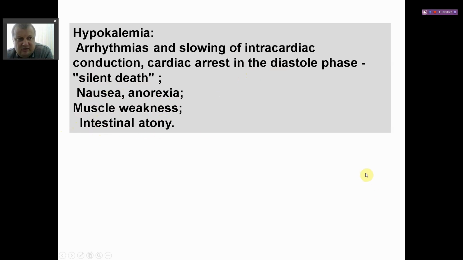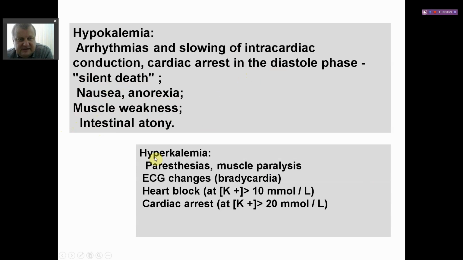And the opposite state is hyperkalemia. It could cause paresthesias, muscle paralysis. Also some changes in the cardiogram, for example, bradycardia.